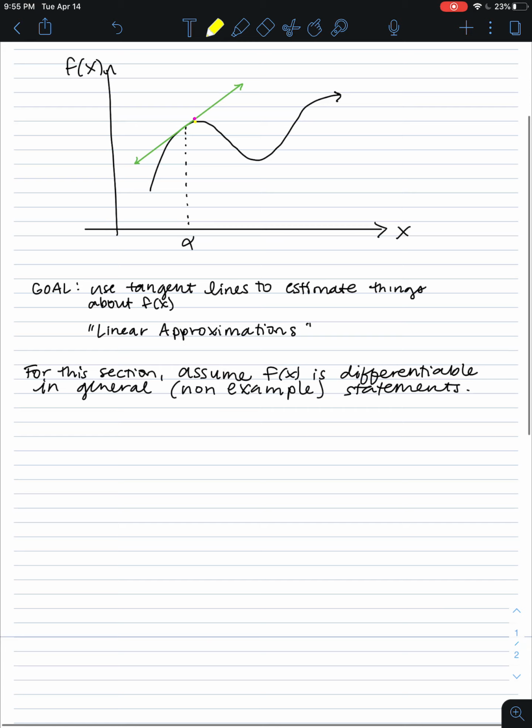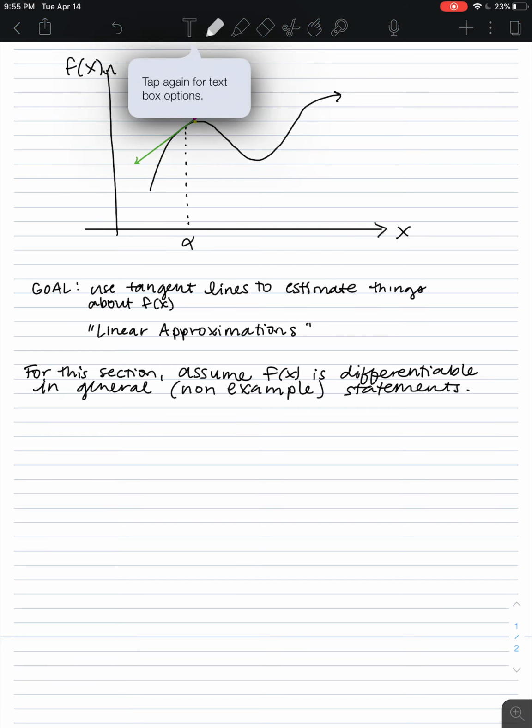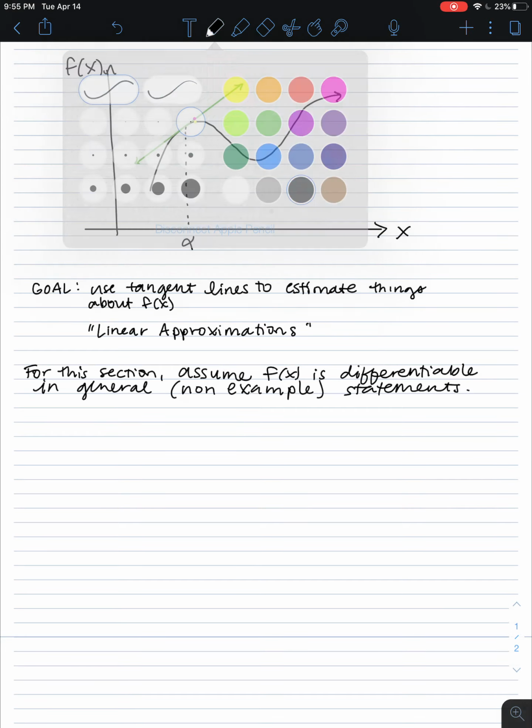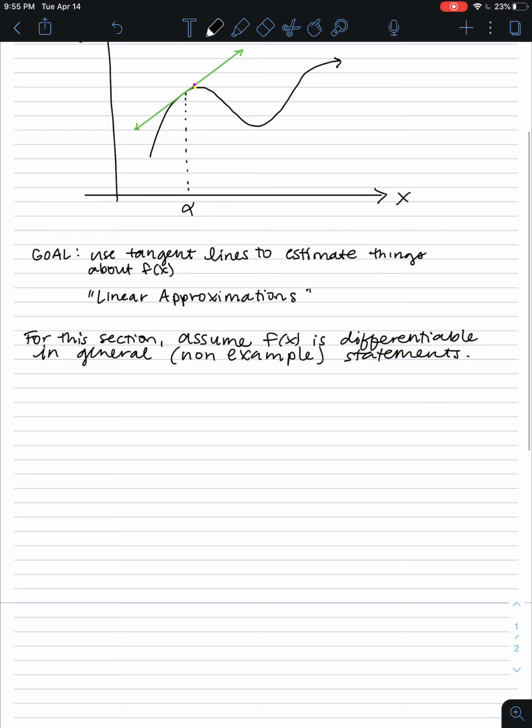Okay, so let's see here. Our general tangent line looks like this. We have point slope form, so we have y minus our y value, which is just f of alpha.